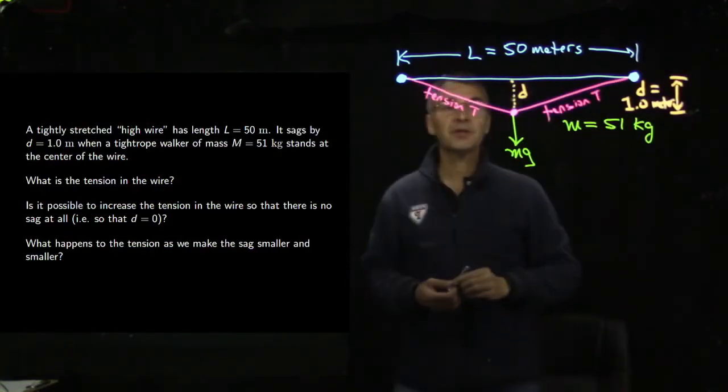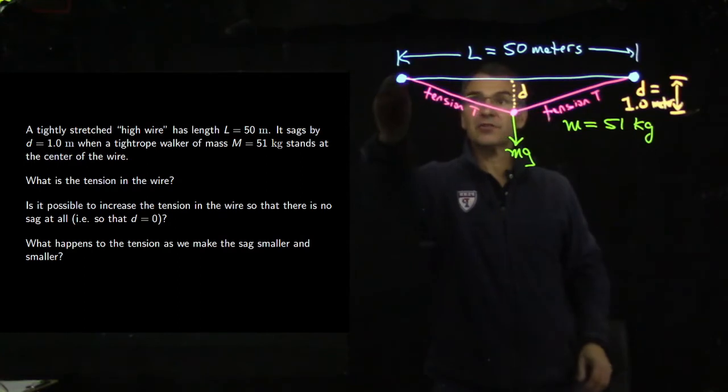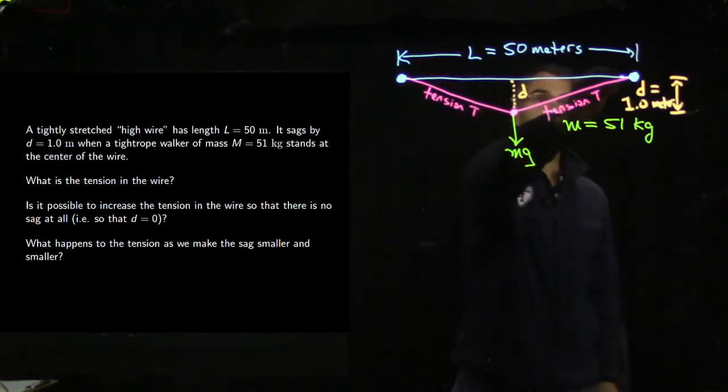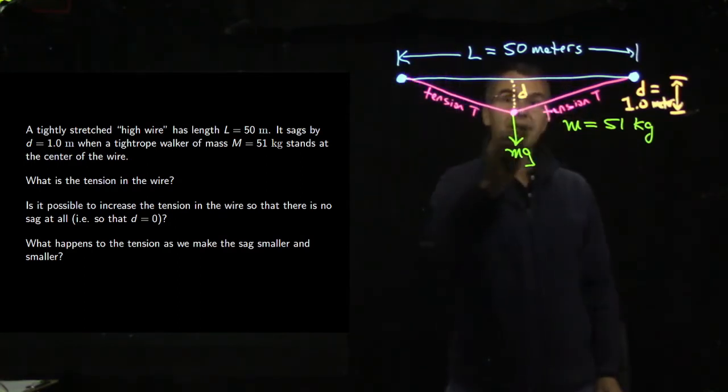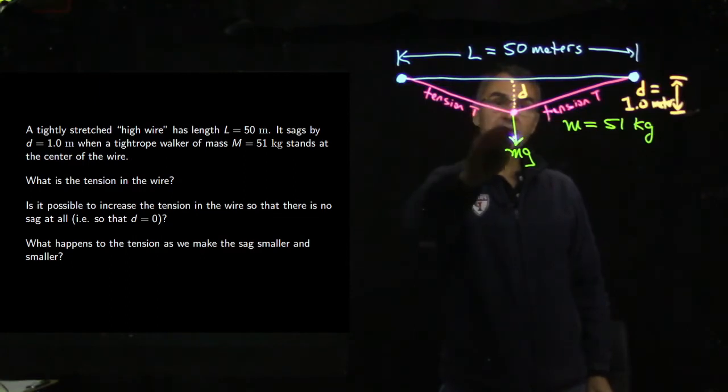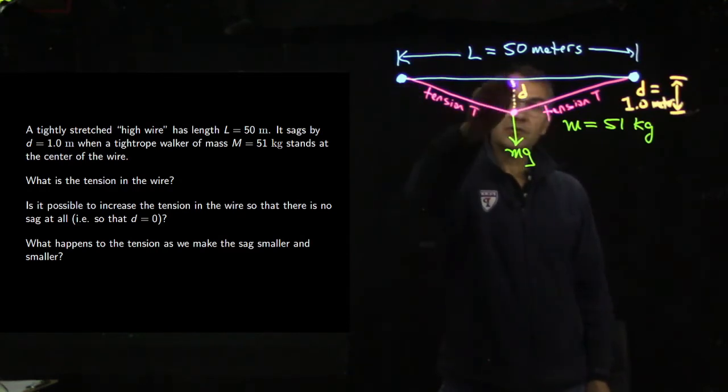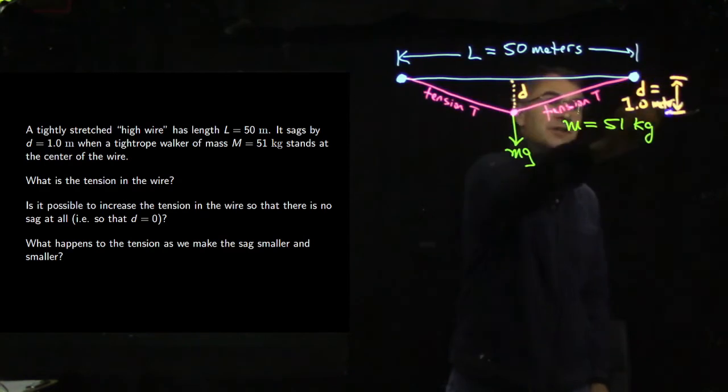I think we have a picture that looks something like this. Here is the unstretched length in blue, 50 meters. After the person stands in the middle, we have the person's weight, mg, applied at the middle. And so it sags by a distance, little d, which we are told is 1 meter.